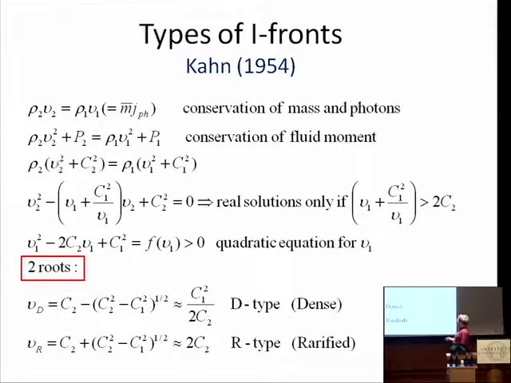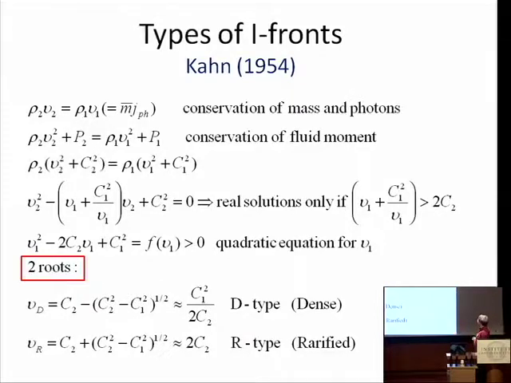That's the driver for all of this. Here's conservation of momentum, which, substituting for P, we can write this way. Then solving this for v2, we get this quadratic equation, which has real solutions only if this term obeys certain conditions, and that's written here.